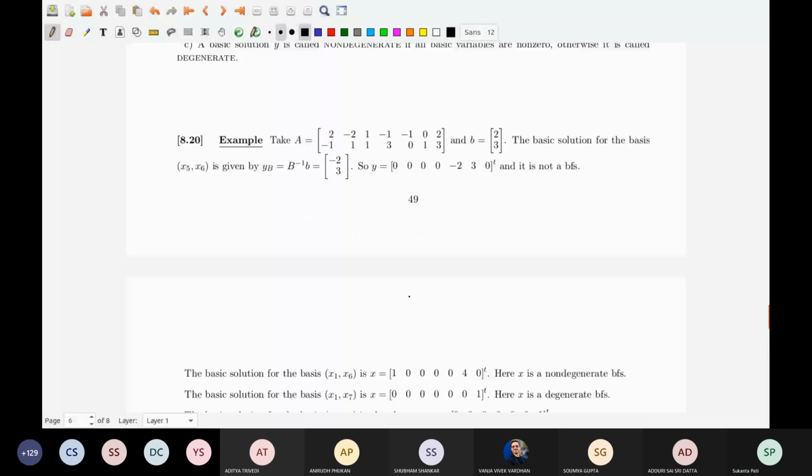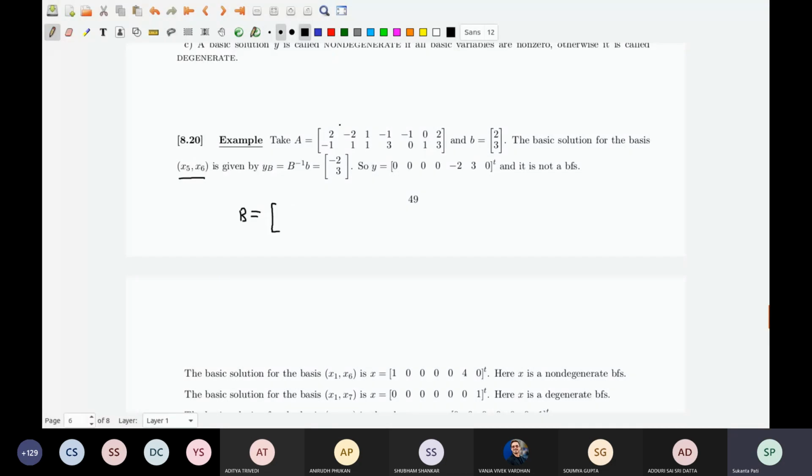Suppose that I am looking at the basis x5, x6. So in that case, what is capital B? Capital B is equal to x5, x6. This is 1, 2, 3, 4, 5, 6, 7.